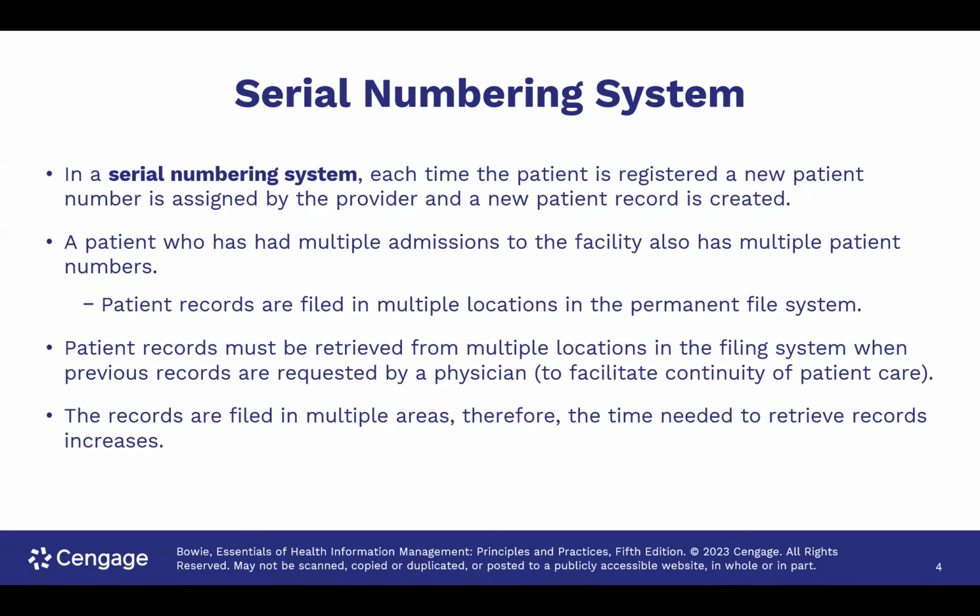Patient records must be retrieved from these different filing systems when the previous records are requested. So if you have a patient who's got chronic conditions and they've been admitted 7 times to the same hospital, we're going to have to keep going back and consolidating all these things, which is kind of a headache.